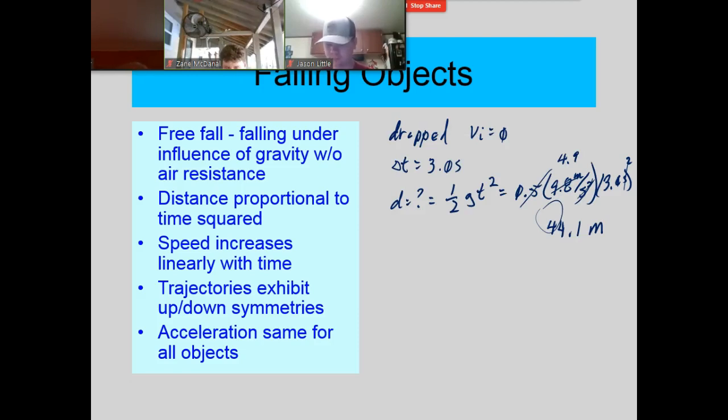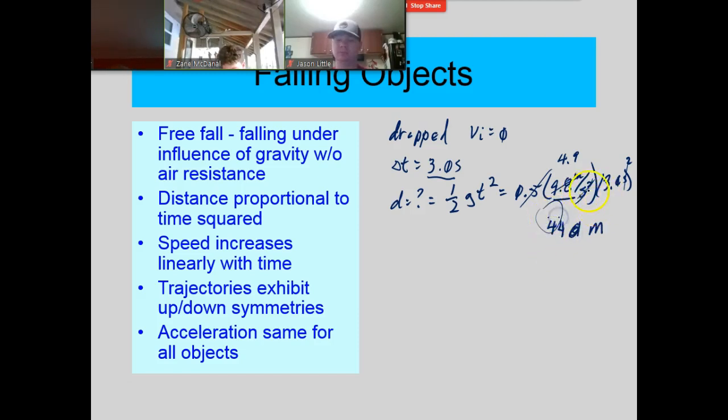That was example 2.7 on page 38. Now, one thing to note in the book, they have 2 significant digits here, 2 significant digits here. 1/2 is an exact number. So they rounded to 2 significant digits.